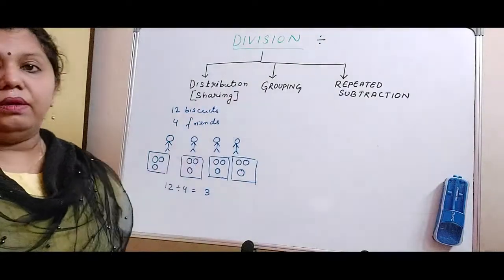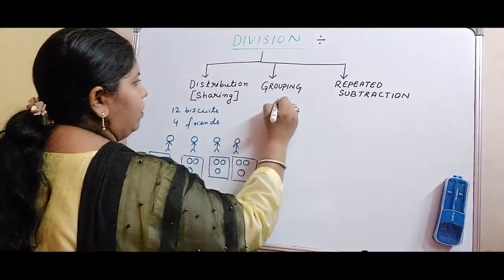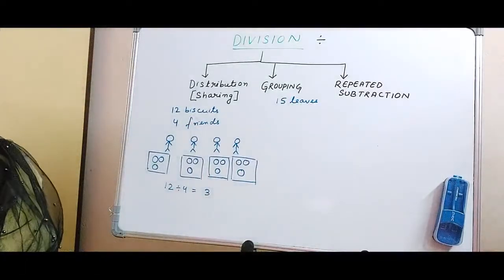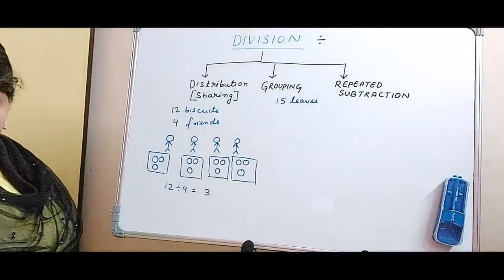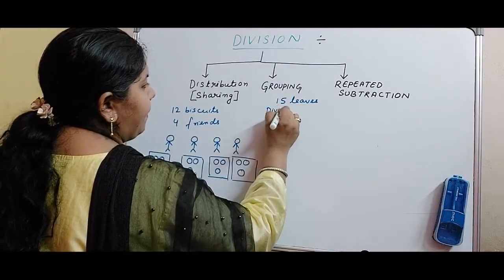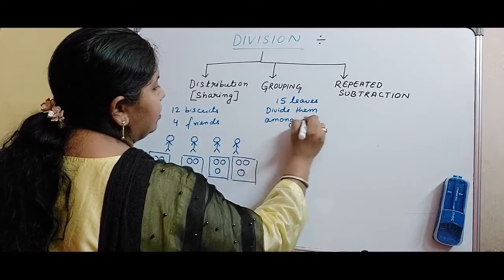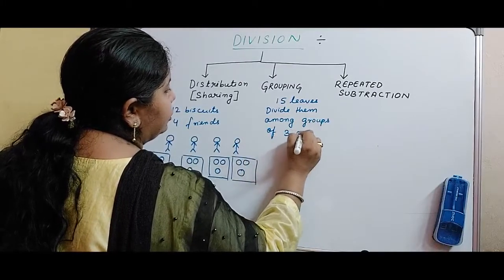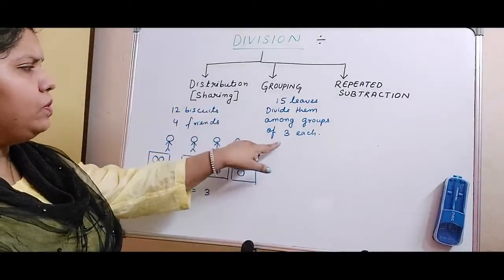Now we come to grouping. What do you mean by grouping? Suppose there are 15 leaves, and you have to divide them among groups of 3 each. 15 leaves have to be divided among groups of 3 each.